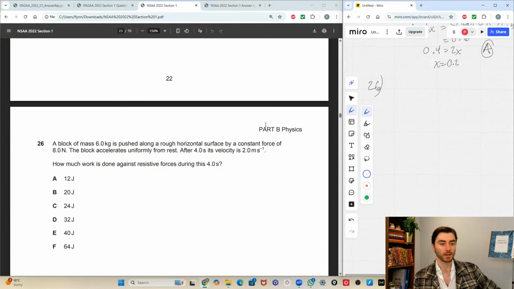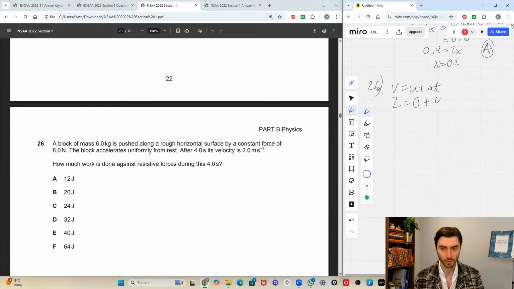26. A block of mass is pushed along a rough horizontal surface by a constant force of 8 newtons. It accelerates uniformly from rest. Okay, so V equals U plus AT. So 2 is equal to 0 plus 4A. A is equal to 0.5. Then we're going to F equals MA. That's your 8 newtons.